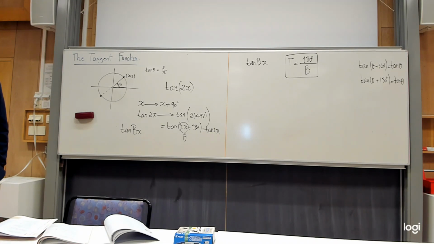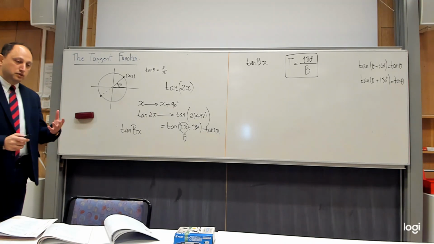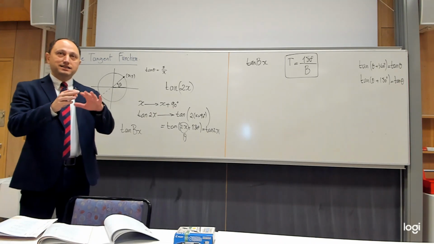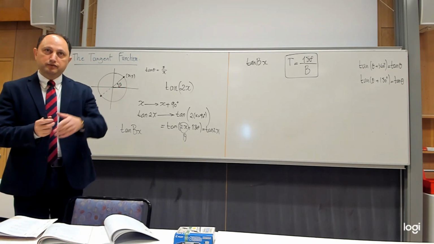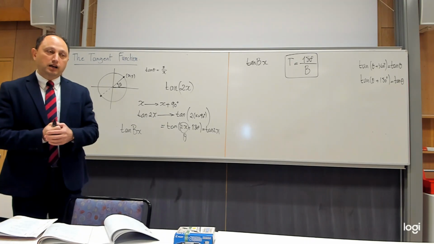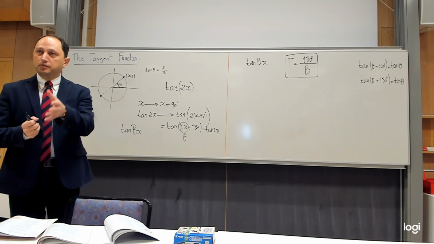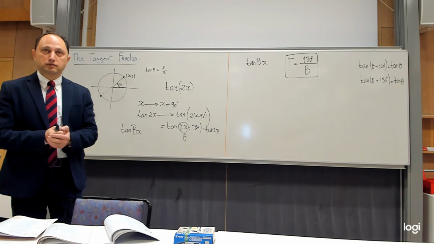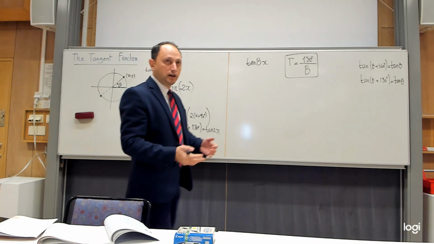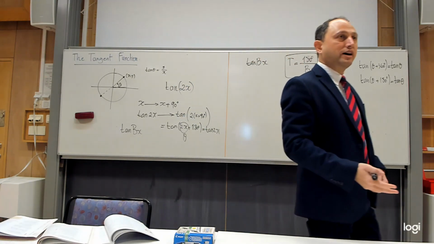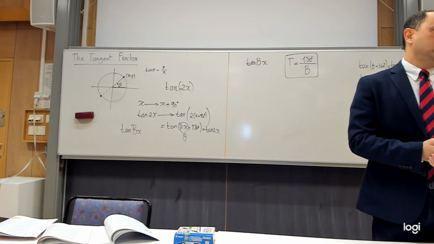That's related to the domain of the function. Do you remember what was the meaning of the domain? The domain is the set of all possible values that you can put into the function as input, and then the function can operate on it and gives you an output. That is called the whole set. You know that set theory now. So the whole set of all those values is called the domain of the function.